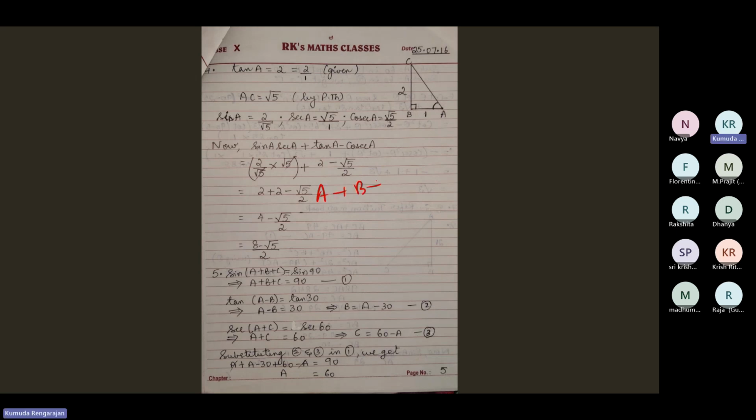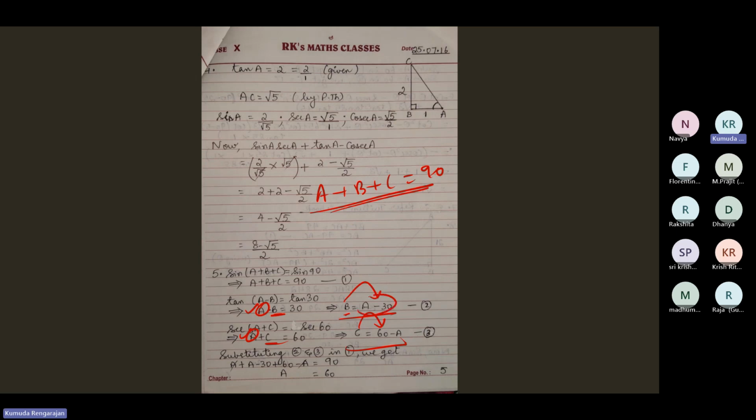A plus B plus C is equal to 90. Now these two equations have A in them, common. So write B in terms of A and C also in terms of A. Now use these two in this equation, A plus B plus C is 90.